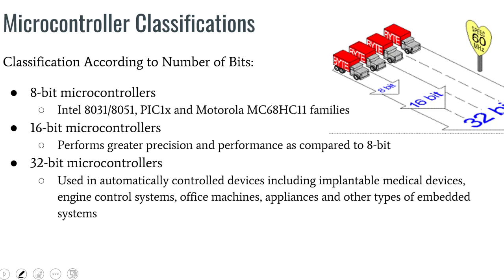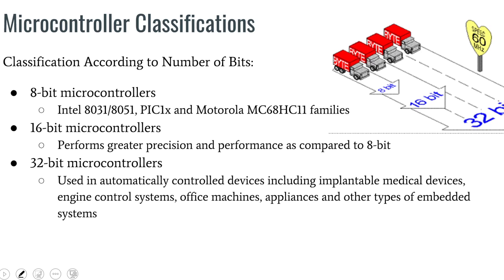Then when we think about classifying microcontrollers, because microcontrollers are going to have the basic components of a computer, all the classifications that we could have for those computers can also be had for microcontrollers. So when you were studying computer architecture, you would have studied certain ways of classifying the computer, classifying microprocessors, classifying memories.